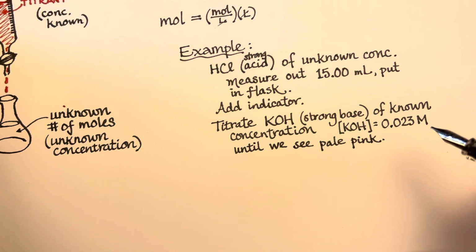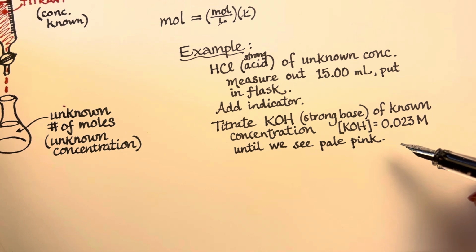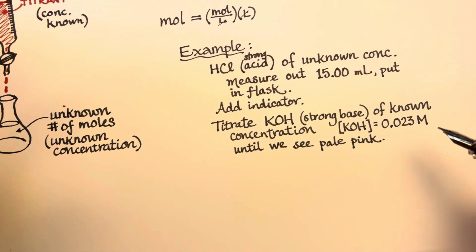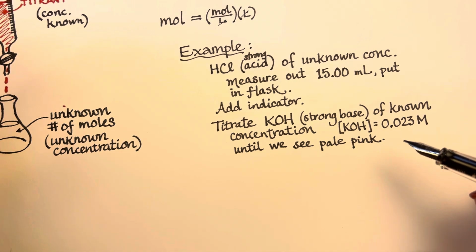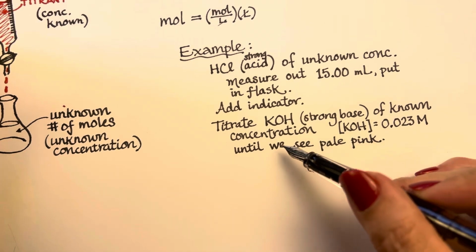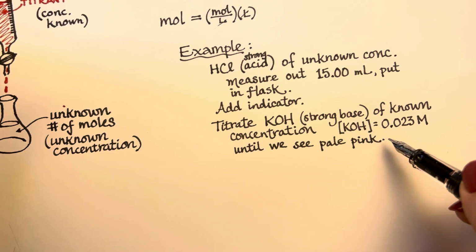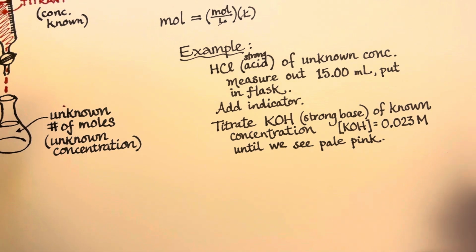Okay, there's, oh gosh, there's so many. Methylene blue, bromothymol blue, lots of different indicators. And some of them go from blue to yellow or pink to purple. Anyway, so when I say we see pale pink, that's because we are using phenolphthalein. Okay.